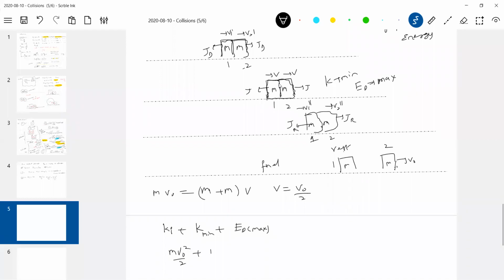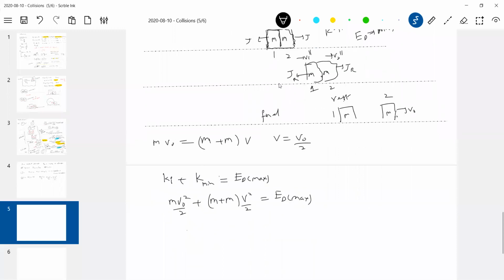Minimum kinetic energy is m plus m, the mass of the system, into v square by 2, and that is equal to the maximum deformation energy. So let's calculate this. What is v equal to? v naught by 2.